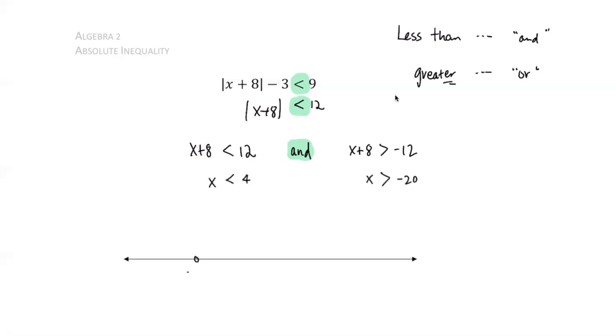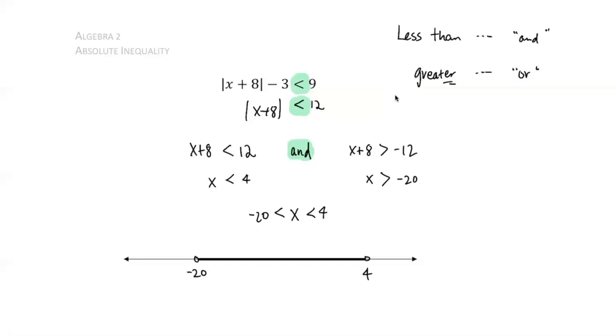So we have negative 20 right here, and we have 4 right here. And since it's an and relationship, we can combine these two inequalities together. So we say, hey, x is sitting right in between negative 20 and 4. And if we highlight the solutions, that's what we have here.